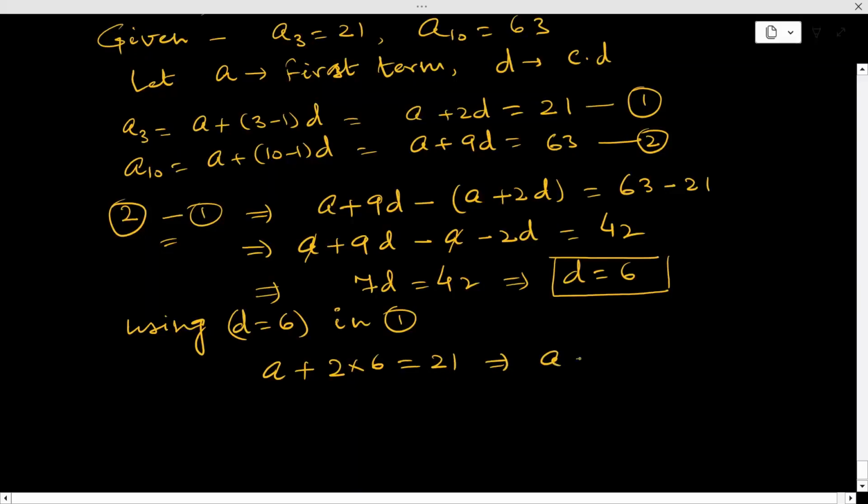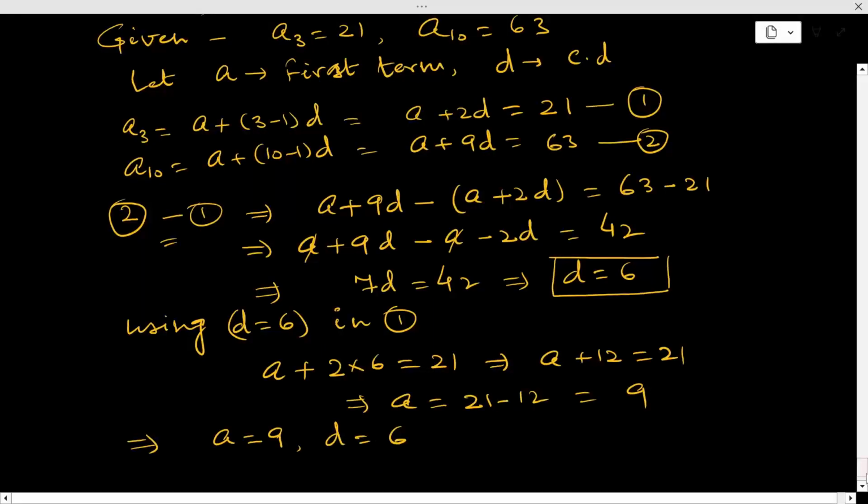This gives A plus 12 equals 21. So the value of A is 21 minus 12, which is 9. So for this AP we have the value of A as 9 and the value of D as 6.